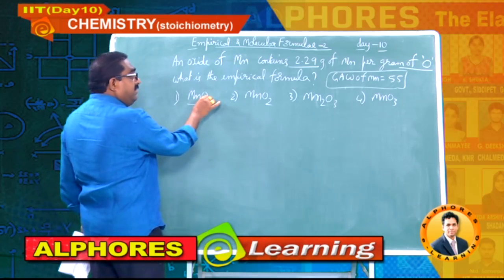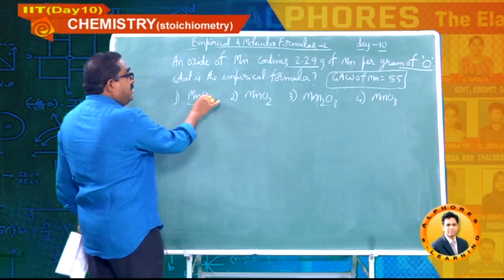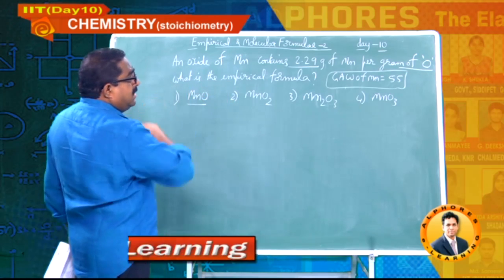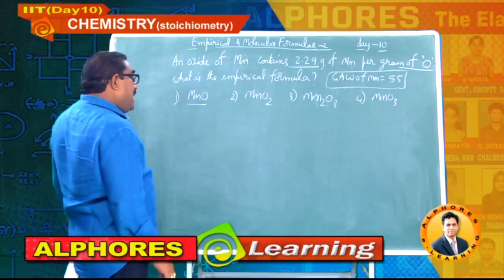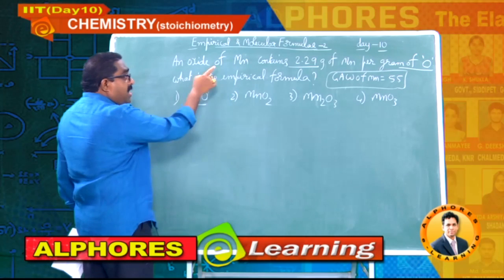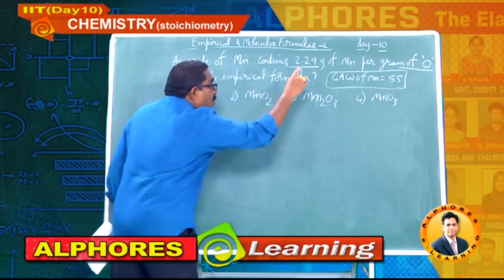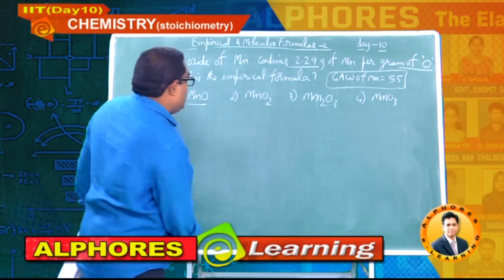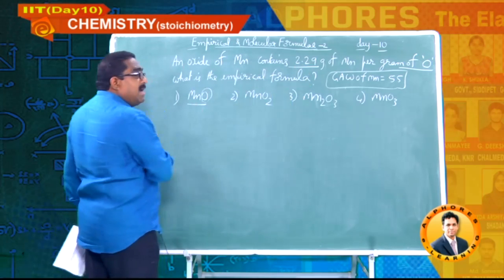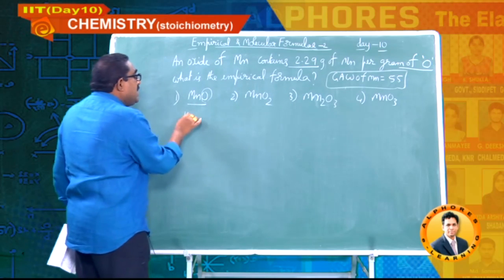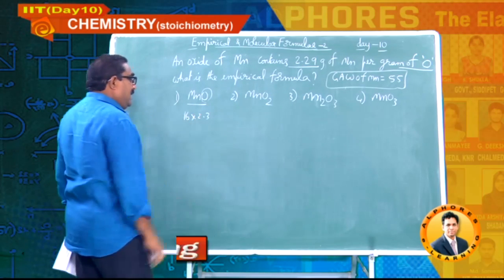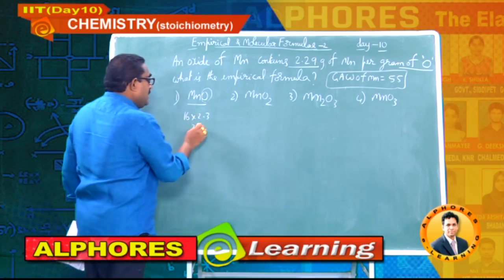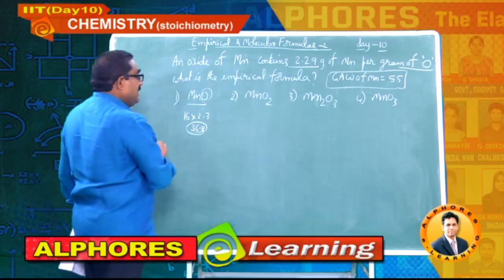Oxygen means here 16 grams. So how much will be the mass of manganese? The mass of manganese should be 2.3 times the mass of oxygen. Here I am taking 16 grams of oxygen. So 16 into 2.3, approximately 36.8 or so.